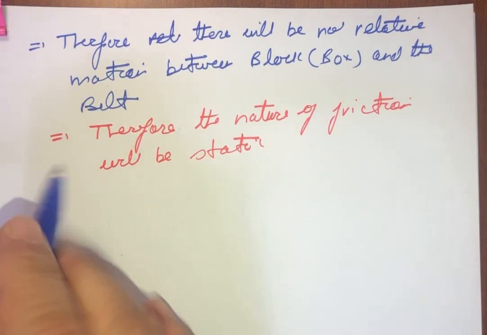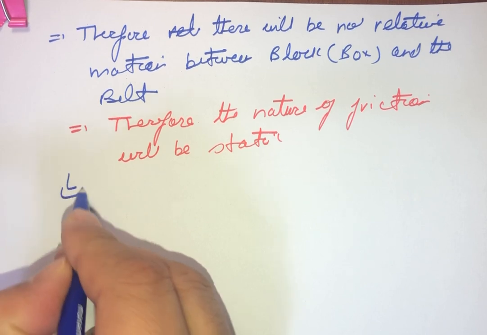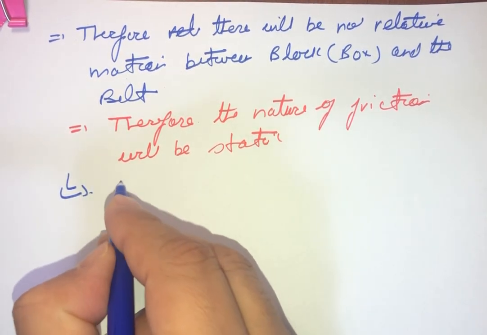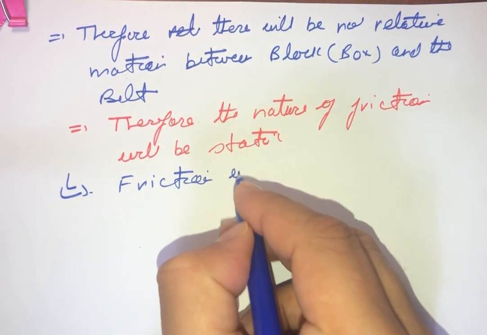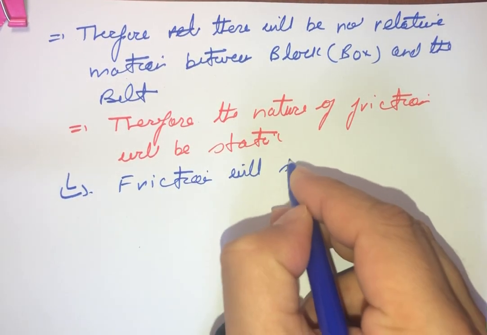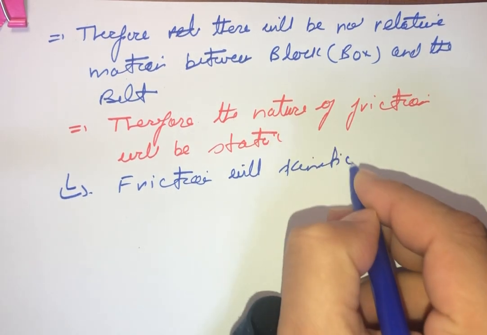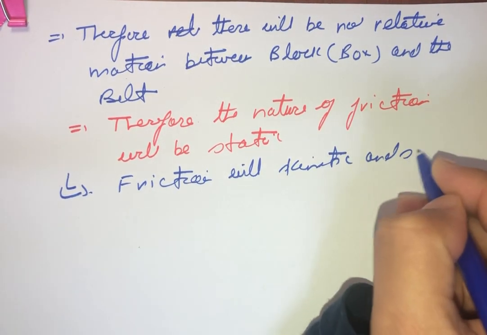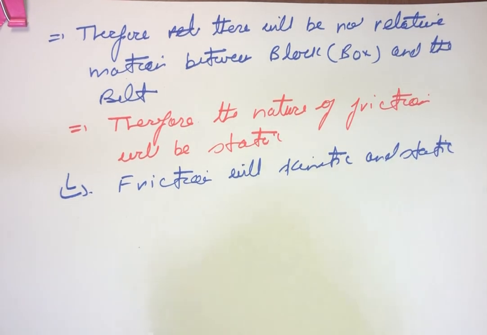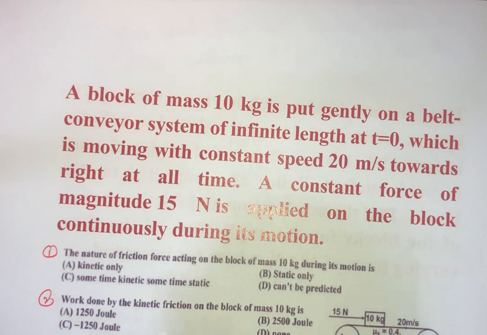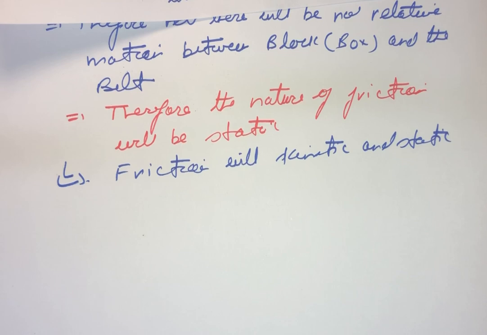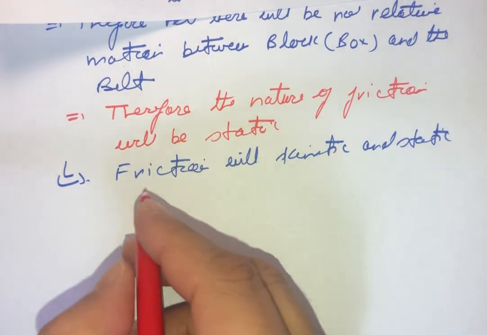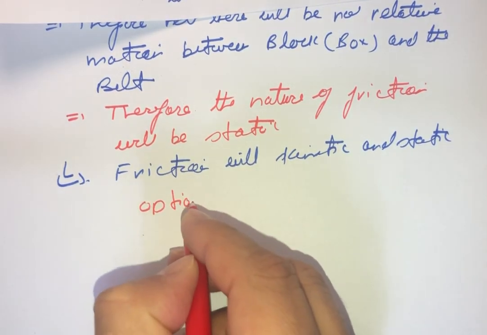So we can draw a conclusion, which means friction will be kinetic and static. Therefore, option C is the correct one.